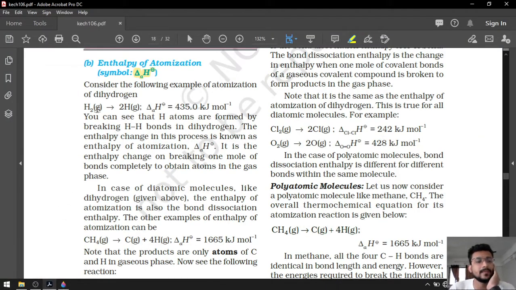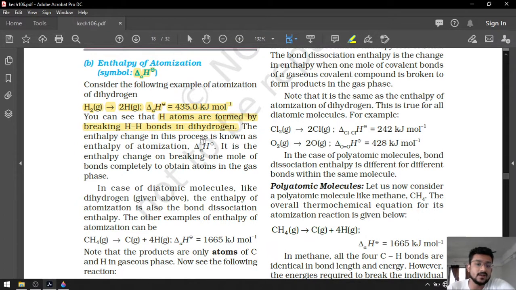Look at this, they have H2 and they convert it into atoms, and to convert any molecule into atoms, the energy required will be known as the energy of atomization or enthalpy of atomization. You can see that hydrogen atoms are formed by breaking the hydrogen-hydrogen bond in dihydrogen.